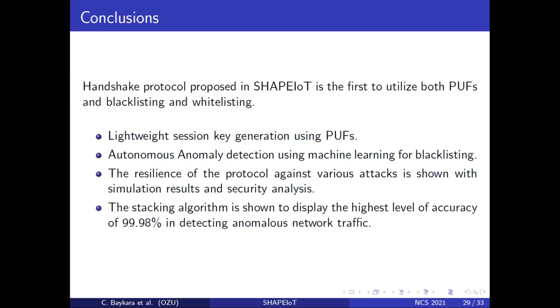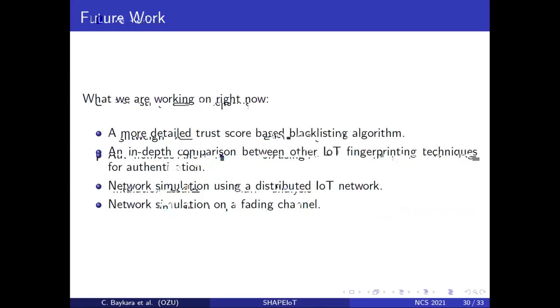And we have also shown the resilience of our protocol against various attacks with our simulation results and security analysis. And finally, the stacking algorithm is shown to display the highest level of accuracy, with an accuracy of 99.98% in detecting anomalous network traffic.